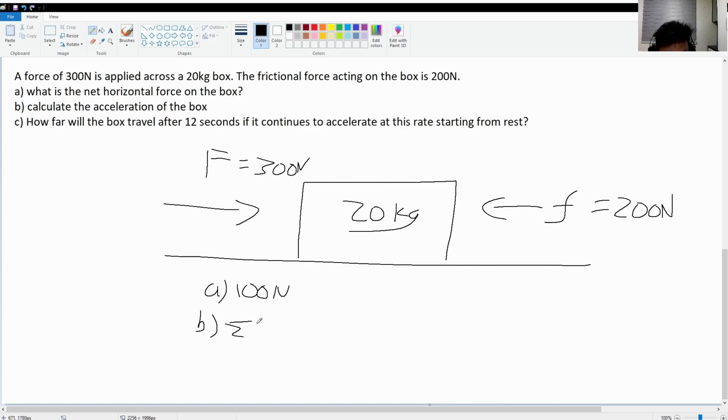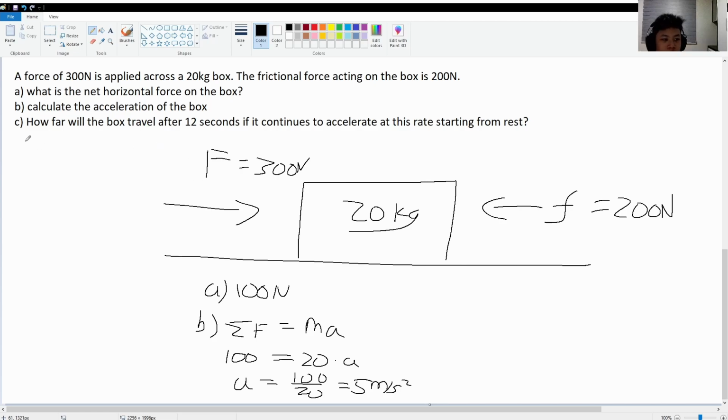So use the sum F equals ma equation. Then just fill in these numbers. So 100 equals 20 a. So a equals 100 divided by 20, which is 5 meters per second squared.